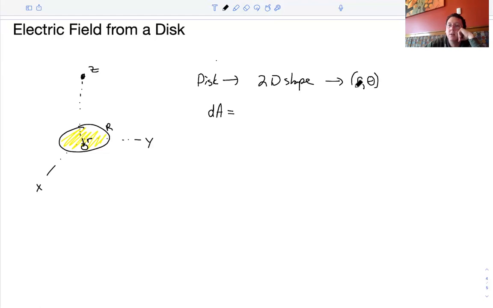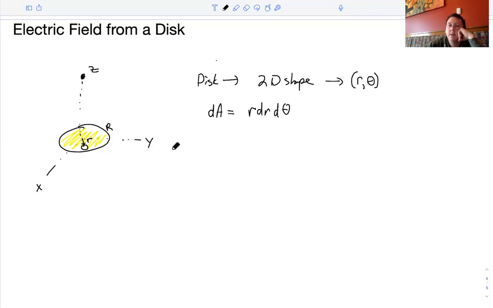I'm using lowercase r to remind myself that r is a variable now, not a fixed number. dA is the area of a little chunk of area, and we worked that out before. That equals r dr d theta.